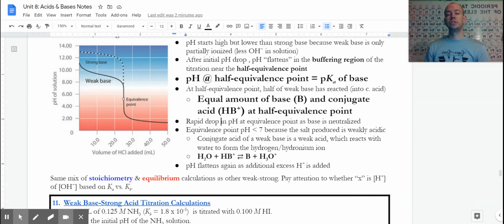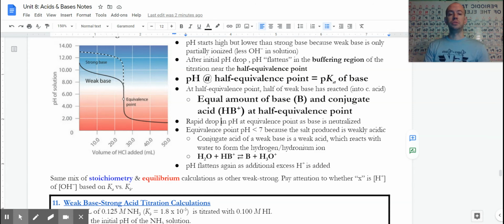The initial situation is equilibrium, the equivalence point after we've done our stoichiometry is equilibrium, and anytime we're trying to figure out the amount of an ion in solution up to and including the equivalence point, there's some equilibrium involved using our Kb until we get to our equivalence point, then it would be our Ka because it is the weak acid version, the conjugate acid that's in solution.